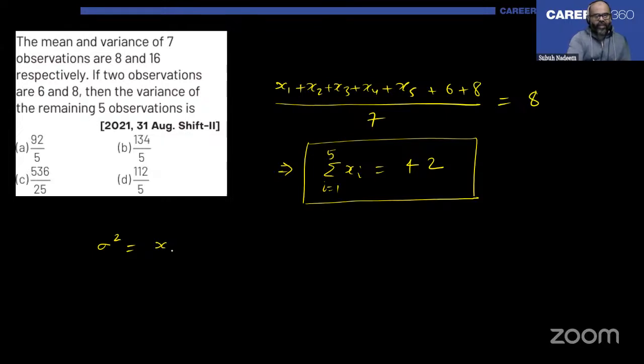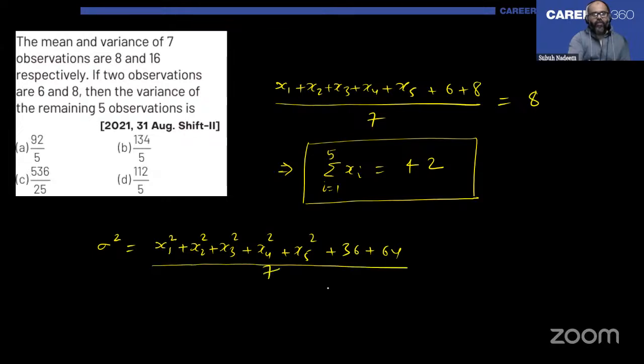So sigma of xi square is x1 square plus x2 square plus x3 square plus x4 square plus x5 square plus 6 square, 36, plus 8 square, 64, divided by the number of observations, 7. This is sigma of xi square by n minus the square of the mean, and the mean is already given, it is 8. So it is 8 square.